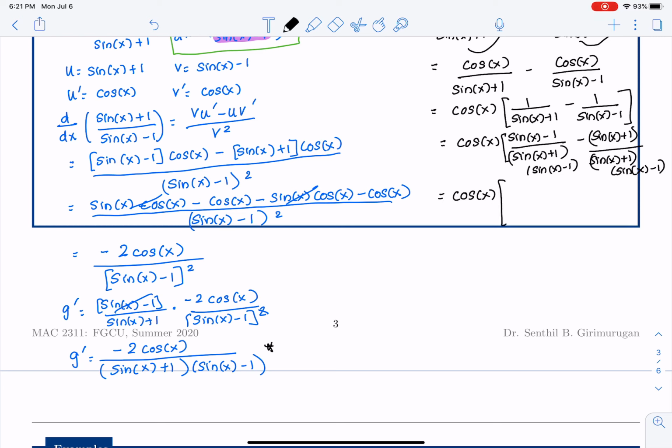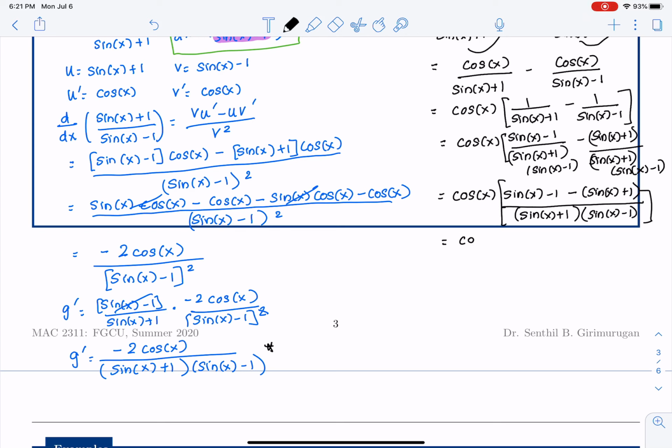Now we have a common denominator, and that common denominator is sine x plus 1 multiplied by sine x minus 1. So I simply combine the numerators, which is sine x minus 1 minus sine x plus 1.